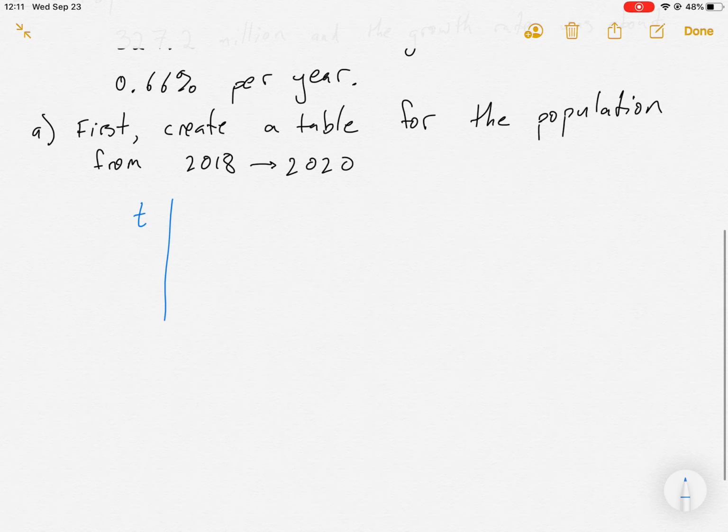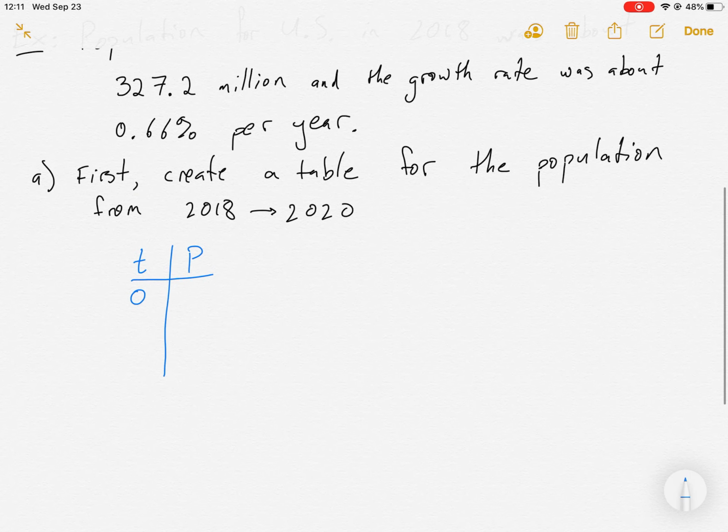Let's set it up so we have time in kind of the x position, and we'll say p for population in the y position. So at time 0, instead of using 2018, oftentimes we say 0 to say that's where we're starting. The initial population was 327.2, and this is in millions. This way, I'm actually starting on the y-axis because this will be my initial value, or my y-intercept. You can always do it at 2018, but usually the models work better if you start at 0.